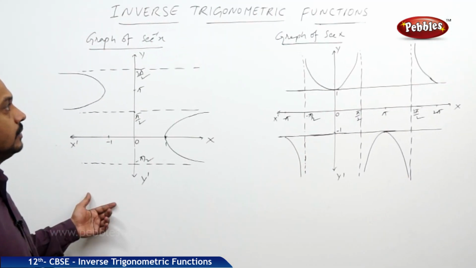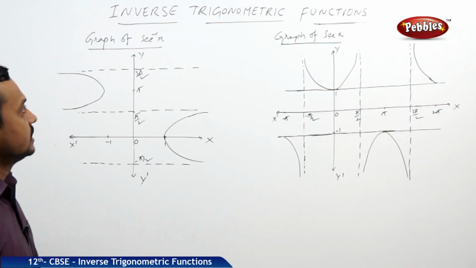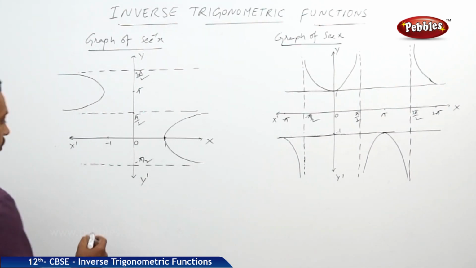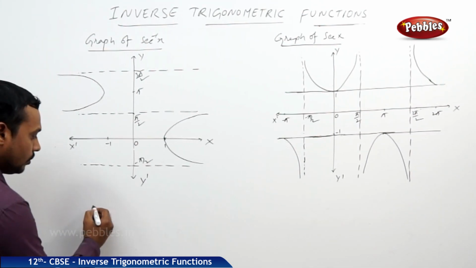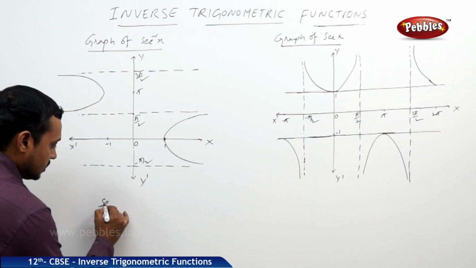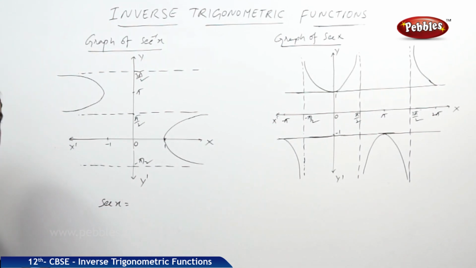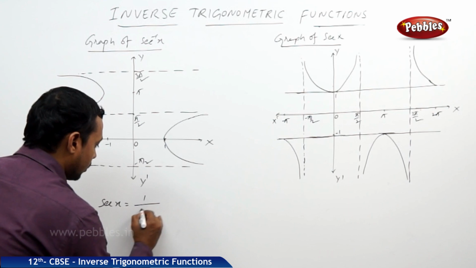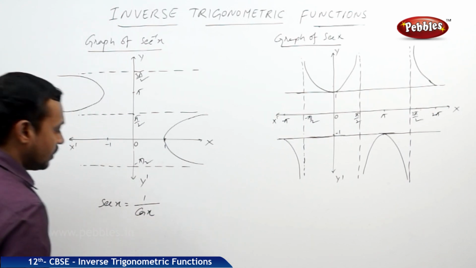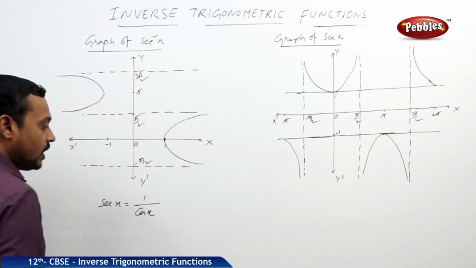Now let us define the inverse of secant x. First of all, let us find the domain of secant x. What is secant x? It is the reciprocal of cos x, 1 by cos x. Is it defined for all values of x?